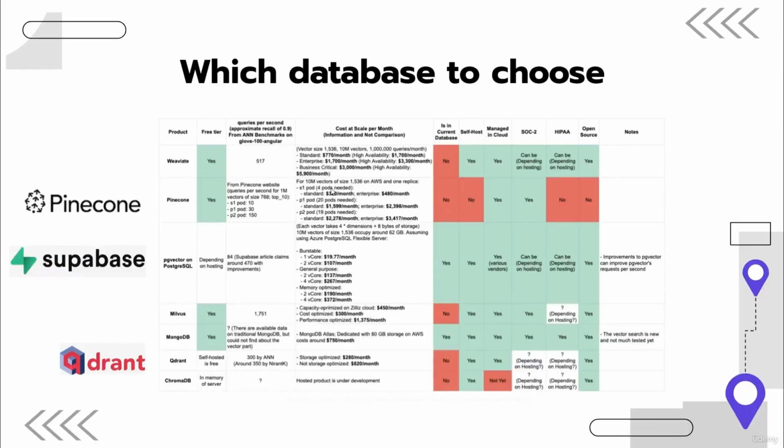Now that we have an understanding of the foundational concepts, the next natural question is, what vector database should I choose? Choosing the appropriate database for vector storage plays an important role in determining your system's architecture, compliance, and future costs. There are two main categories of vector databases to consider.